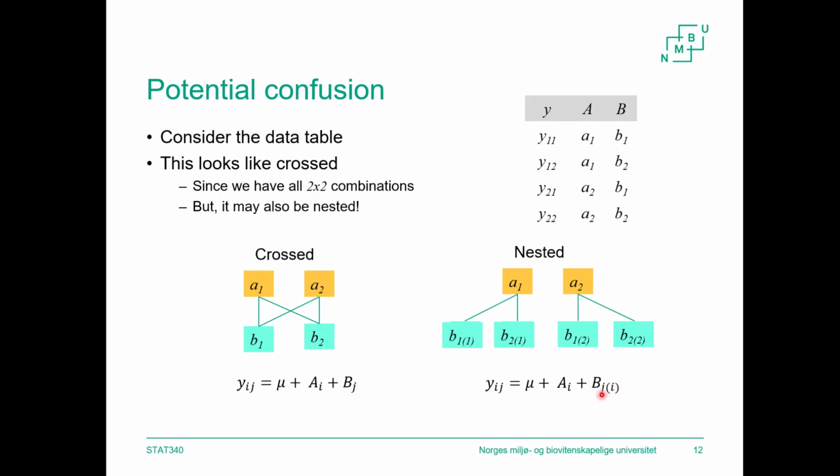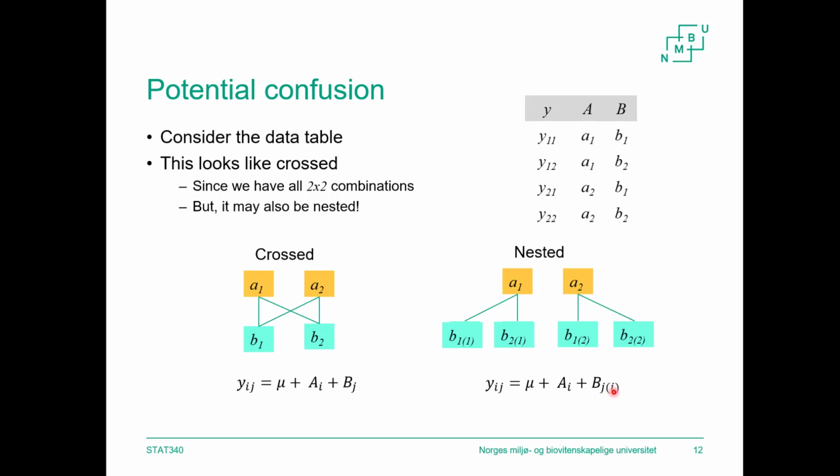So notice how the notation is. We say that this is level J nested in level I, right? So over here we sort of have no nesting, and then it means that you combine I and J like this, right? But here we have specified that it's not enough to say that J is 1 or 2.